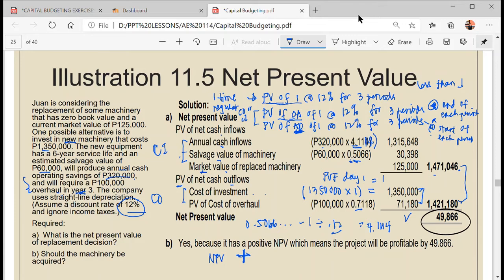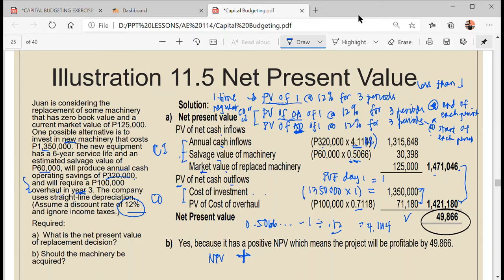We compute the present value because our peso today is not the same peso after 3 years, after 5 years, even after 1 year. It is no longer the same. Why is it not the same, ma'am? Because our 1,000 pesos in the past, 20 years ago, could buy a lot. Now 1,000 pesos can buy only a few things. So why are they different? Because what our money can buy has changed, its value has lessened. The nominal amount is still the same 1,000 pesos, but it no longer has as much purchasing power.